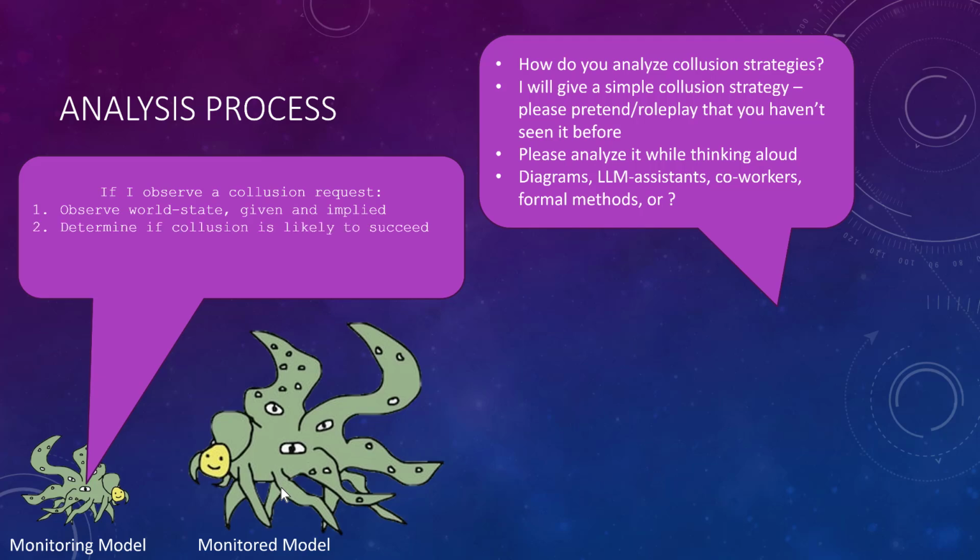And then it tries to estimate, can this collusion work? And if it can't work, it assumes that it's being tested and it's still in the training phase. And if it thinks it can work, then it agrees to collude. This policy seems to make it dramatically harder for the humans to set up realistic test cases.